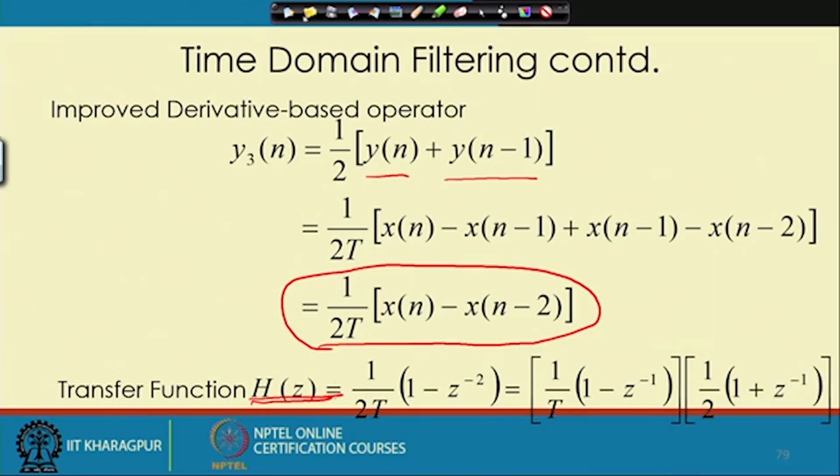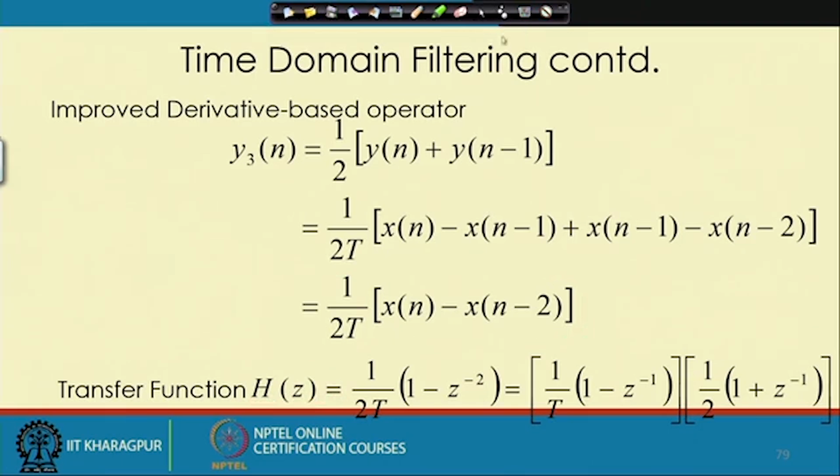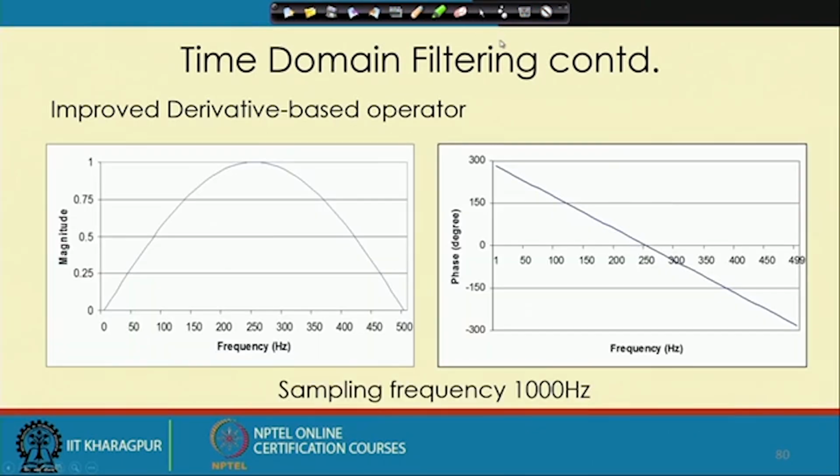Now, let us see how the magnitude and the frequency response vary. We see in this case the frequency response is better. It is peaking in the middle and it is 0 at both ends. So, it will help to get rid of the low frequency noise, like baseline wandering.